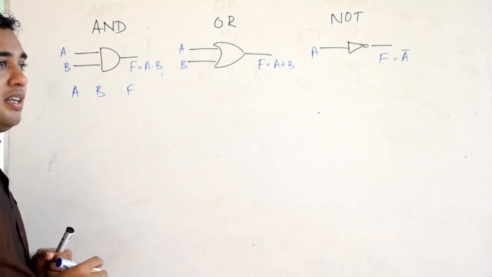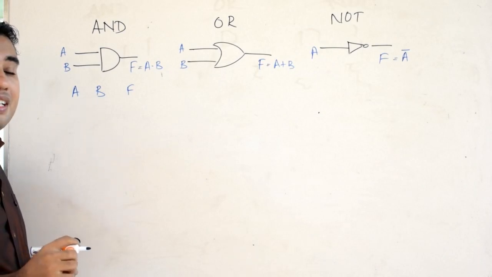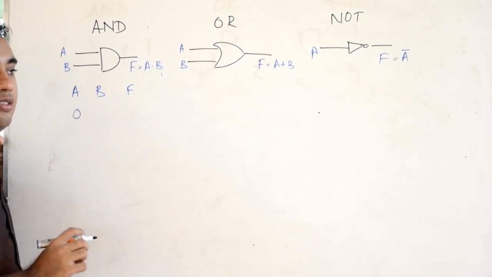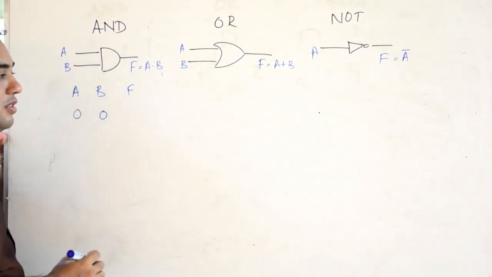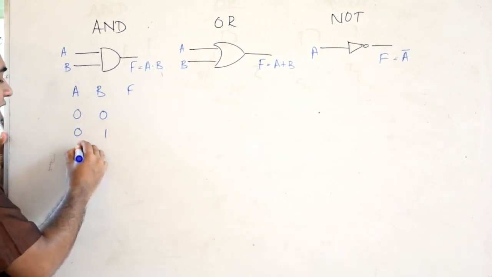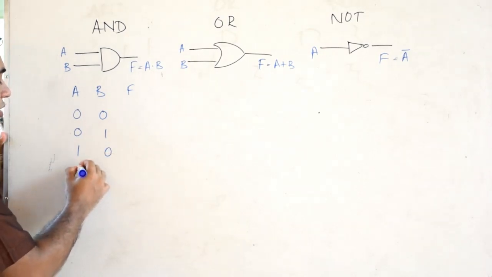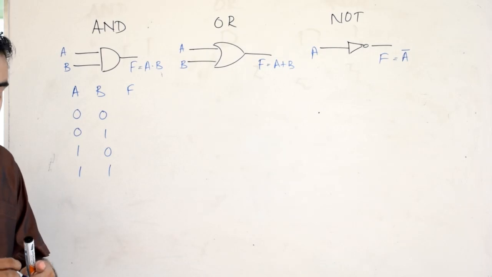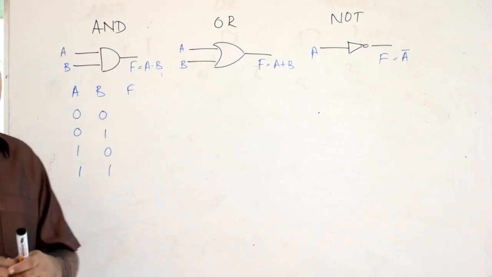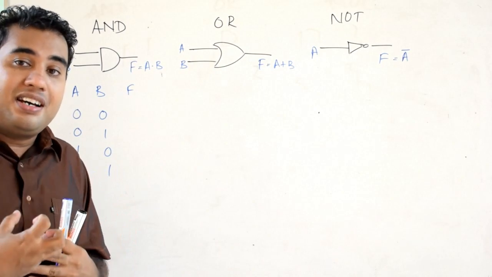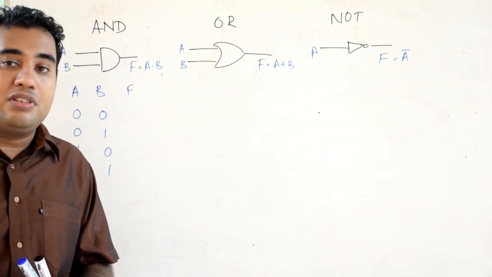In truth tables, the variables can get these values. Here the first value can be 0, A's first value, and B's first value also can be 0. A's first value can be 0 while B is 1. A can be 1 while B is 0. A can be 1 while B also is 1. So the output will be, as we discussed, both inputs should be 1 in order to get 1 as the output.